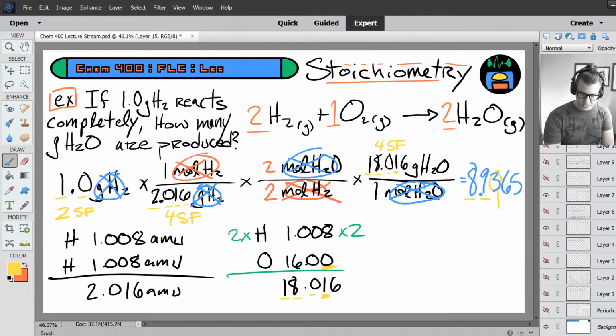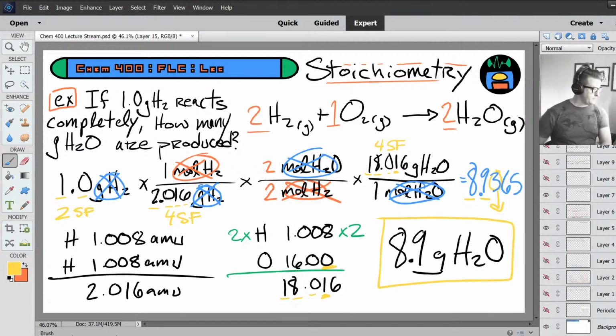So I count off my first 2 sig figs, see that 3 rounds down, and so my final answer with the correct value, units, and sig figs will be 8.9 grams of water as my final correct answer.